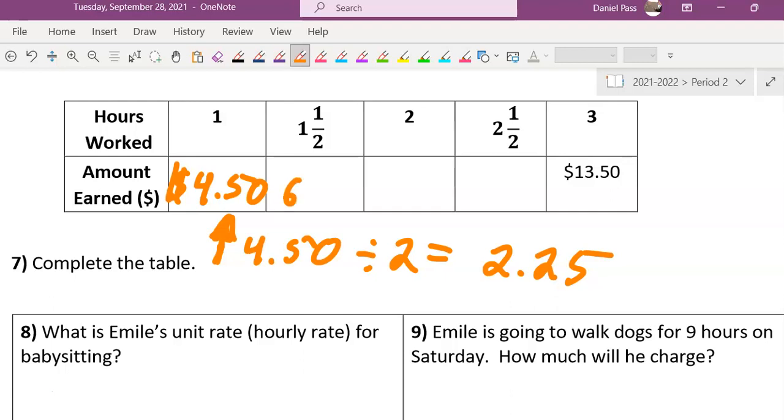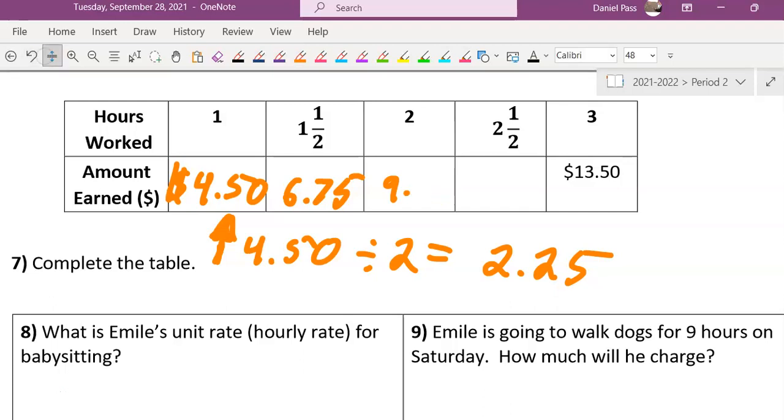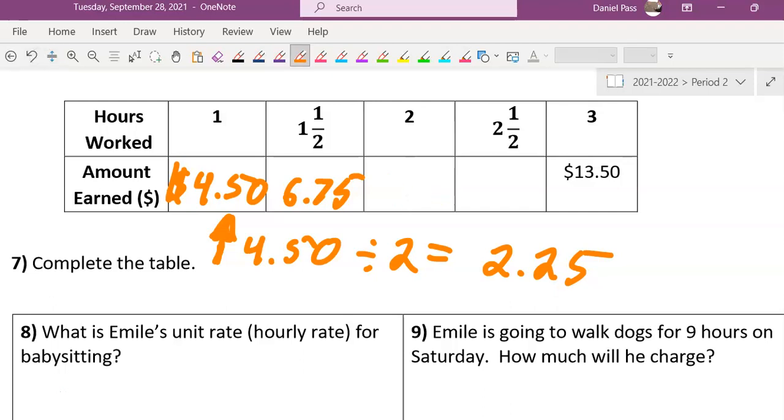So $6.75. 2 hours is $9. Let me write that a little better. And then 2.5 is $11.25. Now, if we did this right, if we add 2.25, we would get $13.50. Do we? We totally do.